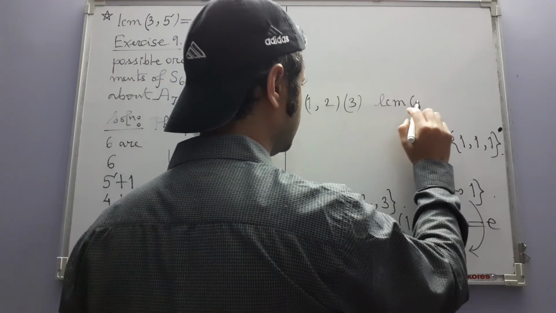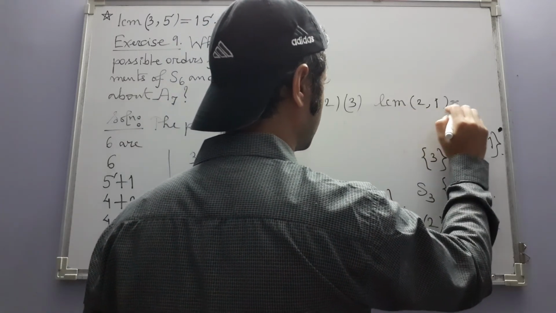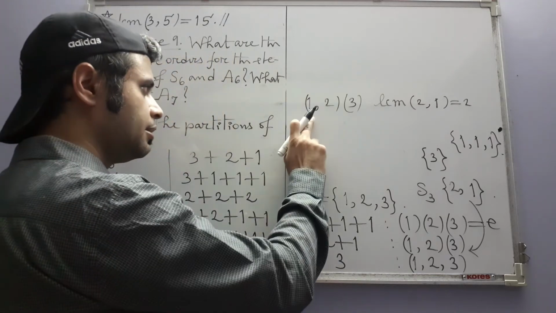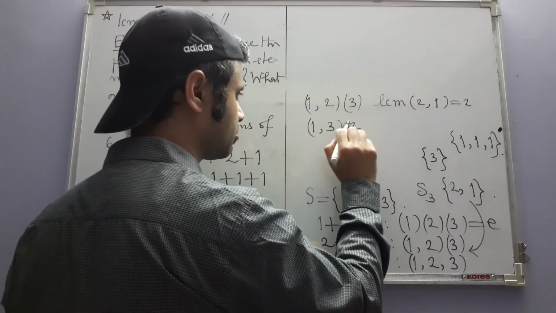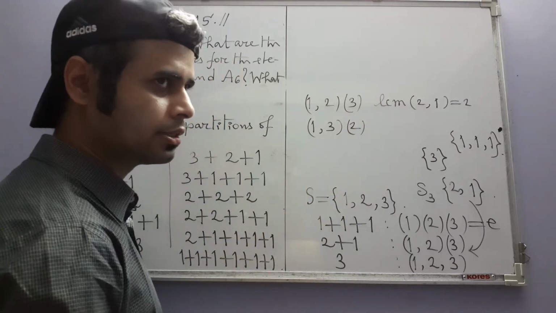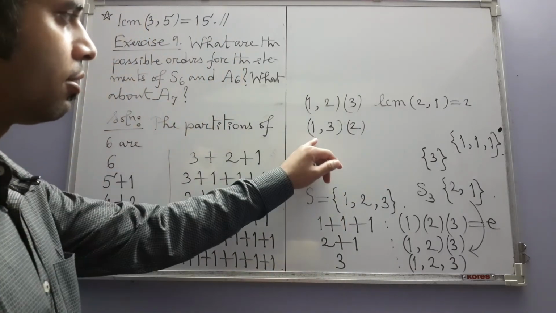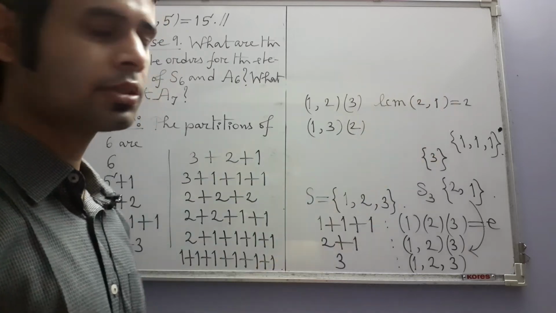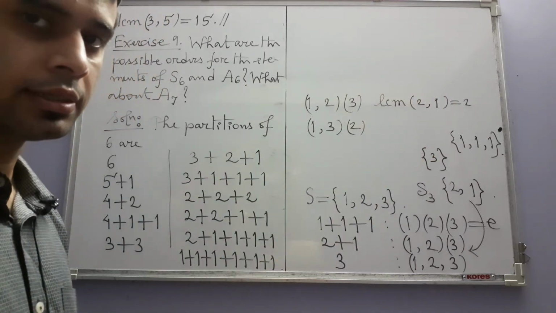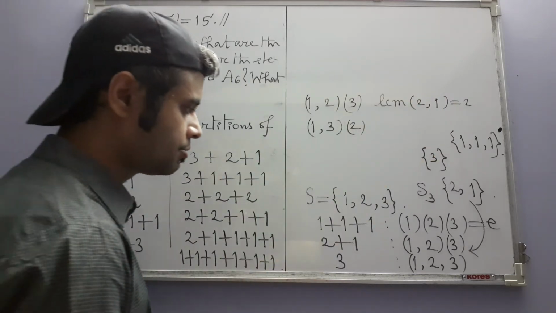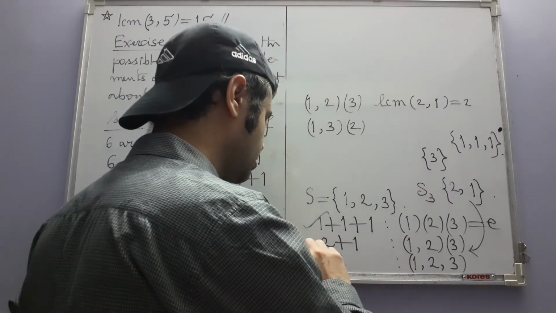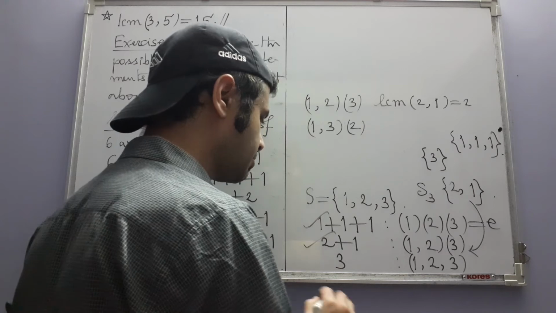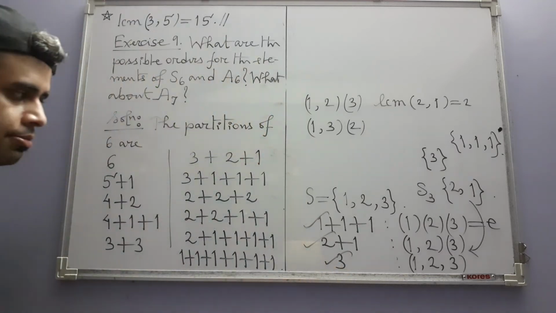So what do we get? The order is 2. If in its place you had this, the order does not change because the order depends on the lengths of the cycles, not the cycles themselves.